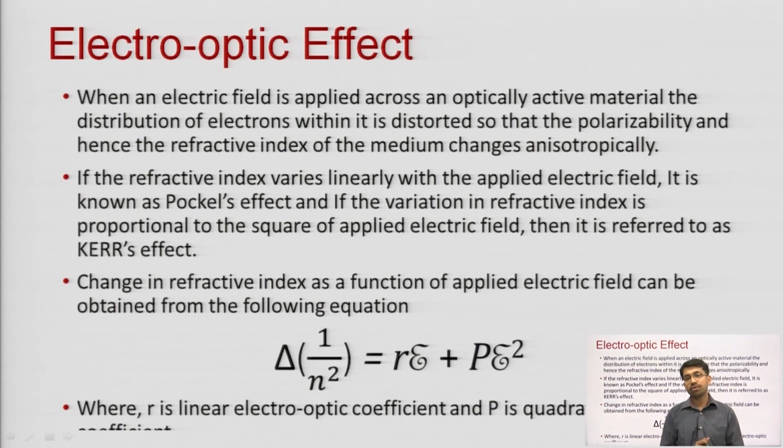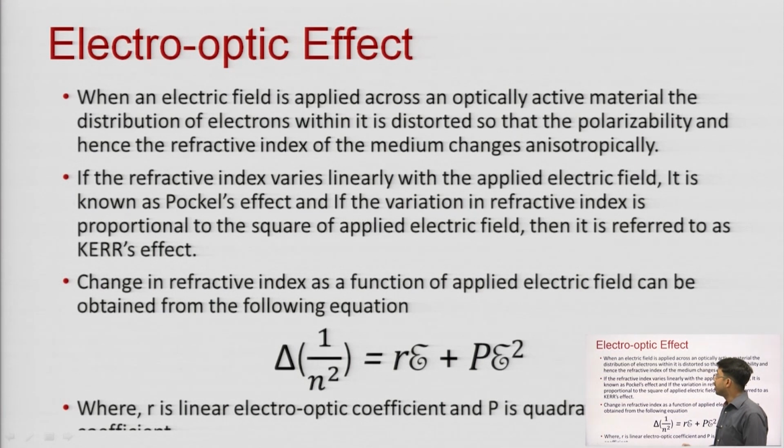Now, what is the electro-optic effect? If we apply an electric field across an optically active material, then the orientation of electrons changes, and it also changes the refractive index of that material.